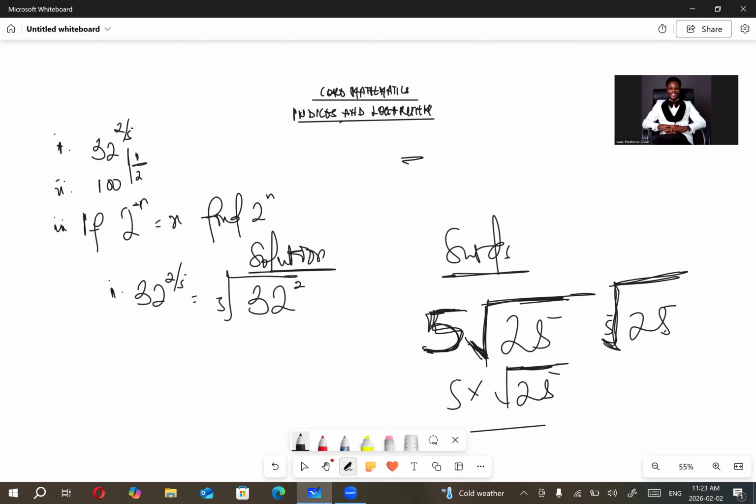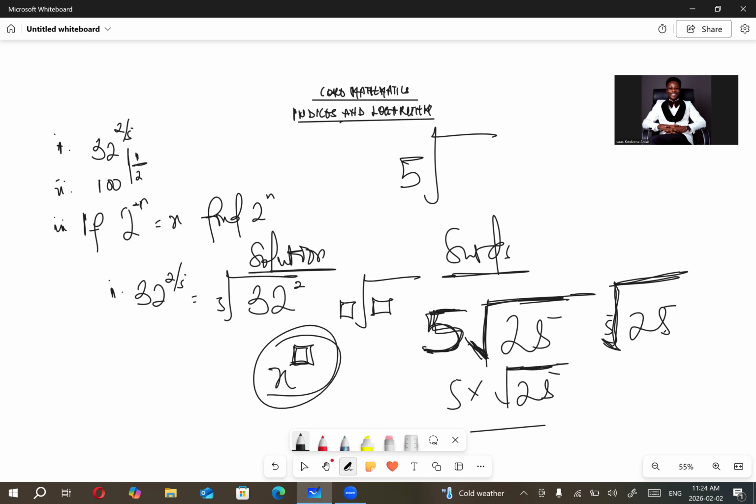You don't just punch 5, then punch square root on your calculator. That's not how it's done. Last time I told you, on your calculator you see this key, X index, a box. On top of this key you will see another key, written in yellow.